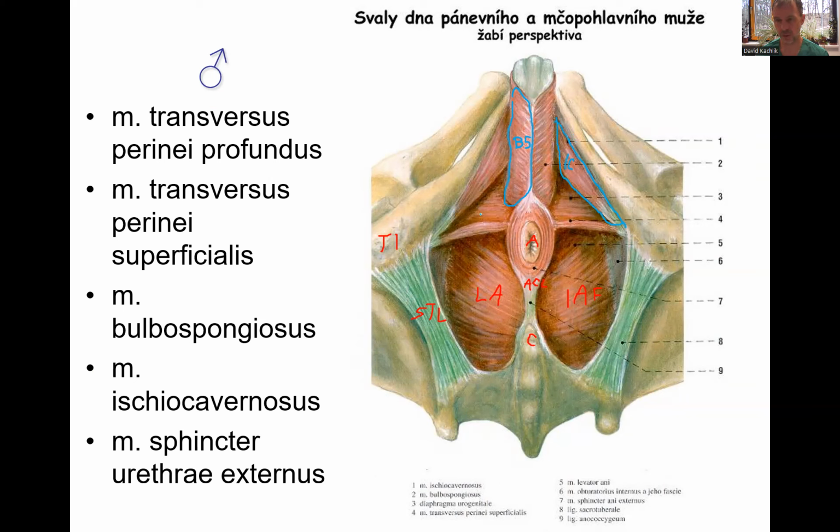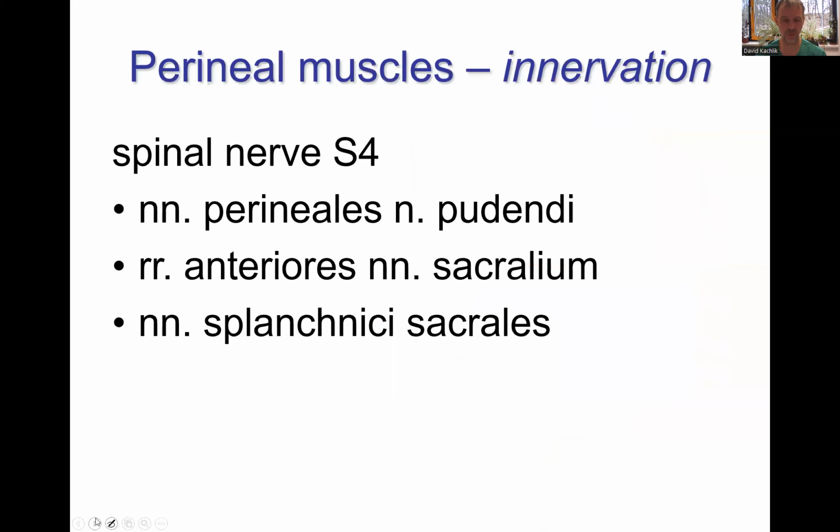And then we have the deep transverse perineal muscle, which forms the majority of the floor, such a triangle here, and the very thin and quite useless superficial perineal muscle. So you have four paired muscles, and what we cannot see because it's above is the external urethral sphincter. So these are five perineal muscles, or muscles of the urogenital floor.